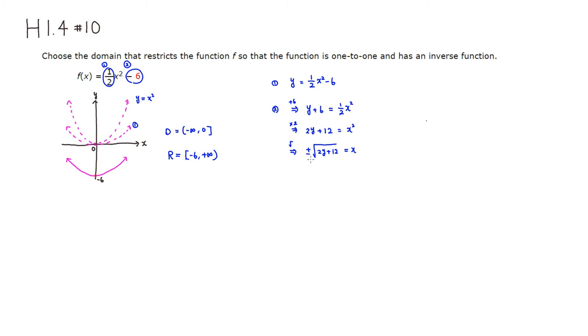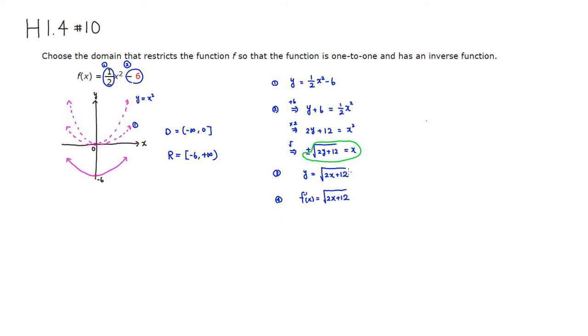Then step 3, we swap x and y, so y is equal to negative square root of 2x plus 12. Last step, we replace y by f inverse, so f inverse of x is equal to negative square root of 2x plus 12.